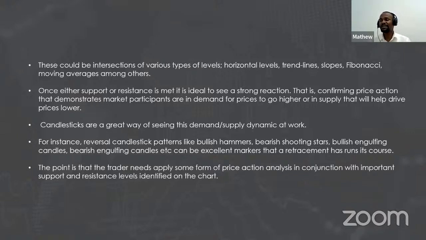When we talk about confluence, it's where you have another indicator, another tool which you're using in analyzing the market, confirming the same direction that you're looking into. Like, for instance, you have horizontal levels, trend lines, slopes, Fibonacci, moving averages, among others. They are supporting the same idea that you're seeing in the market.